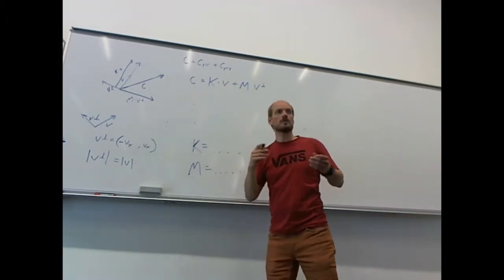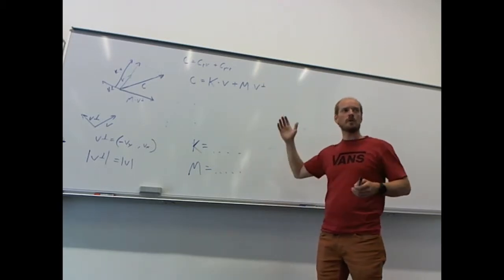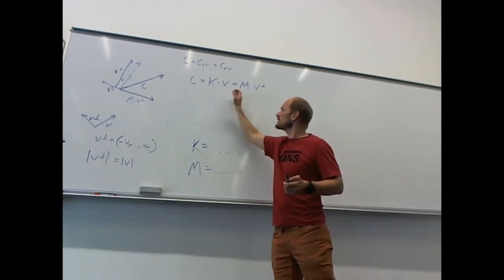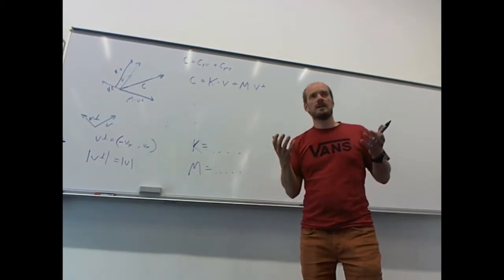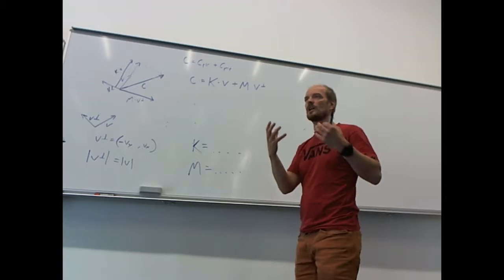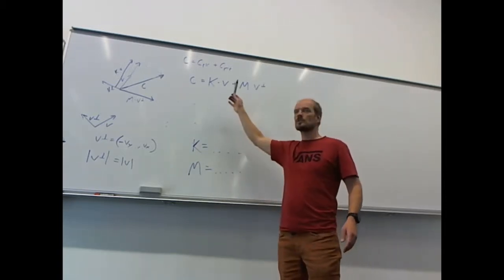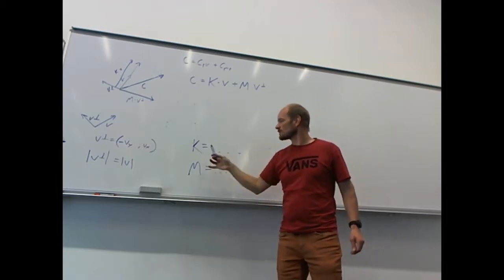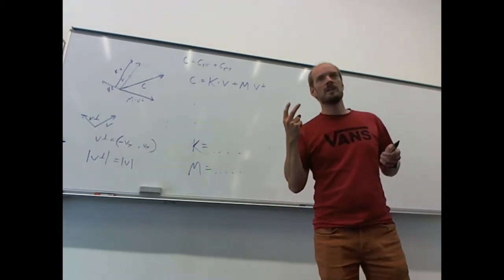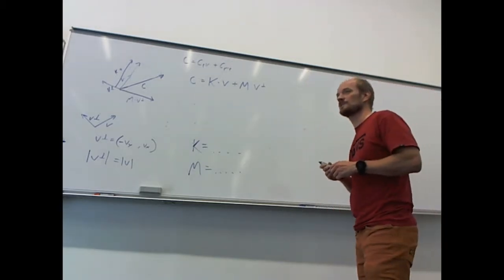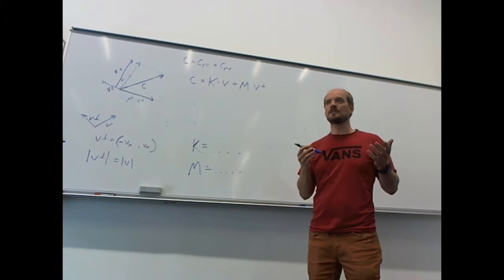They're variables, certainly, so I don't have actual numbers for them, but they're not unknowns. At any time when I want to calculate this, I know what v is, I know what c is, because I have some particular setup that I'm calculating from. So c, v, and v perp are variables, whereas k and m are unknowns. So when I have 2 unknowns, how many equations do I usually have to solve for, like in the math that you've learned?